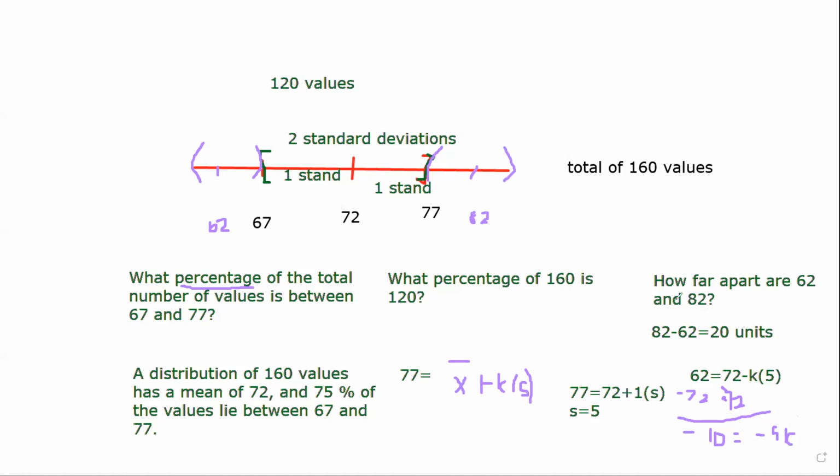Wait, how did you get -5 then? Because I know that S is 5 units. Okay, yeah, because you have to subtract 5 to get to 67. So here K is going to be 2, isn't it?